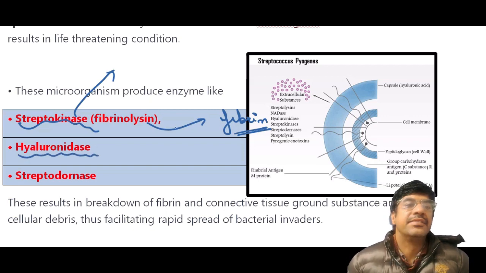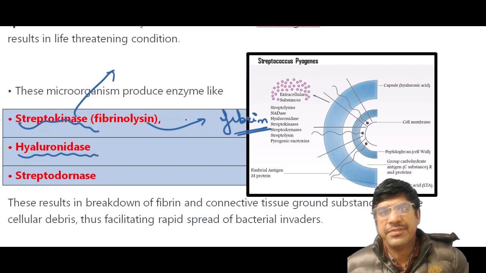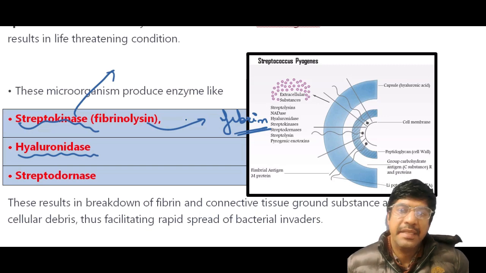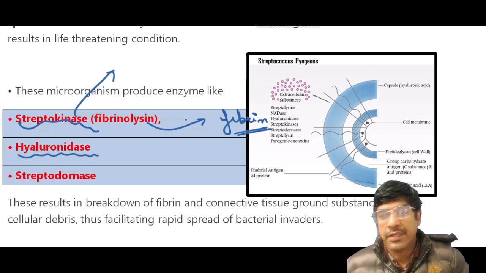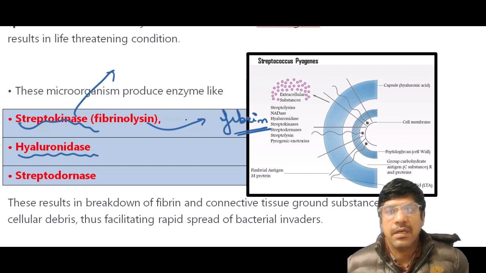The second enzyme is hyaluronidase. It is an enzyme that is produced by certain microorganisms. Its role is to break down the hyaluronic acid, a substance that is found in the connective tissue.